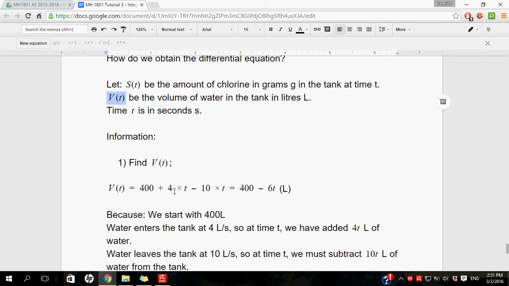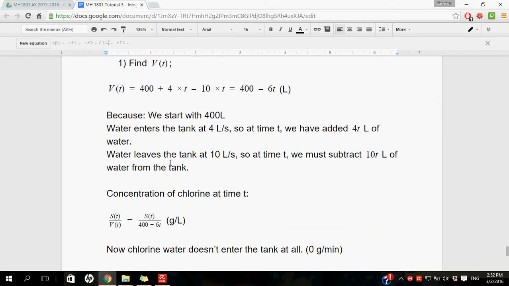So that is the next piece of our formula for V of t. We are adding 4t liters of water to the container.